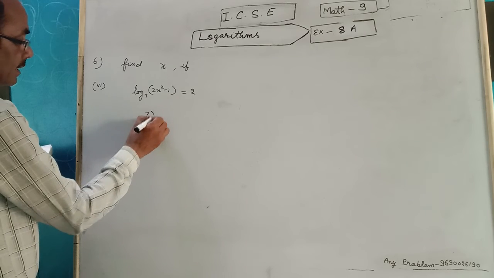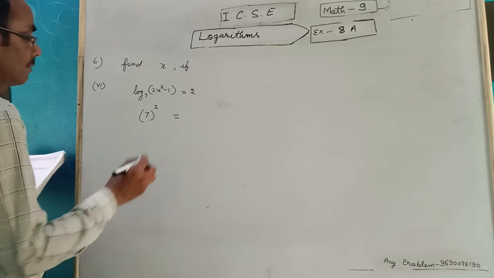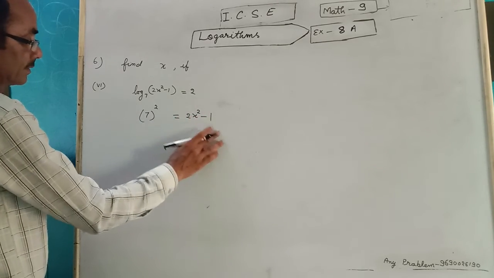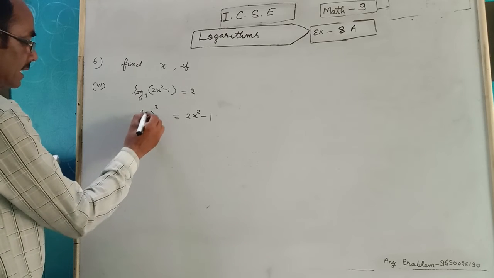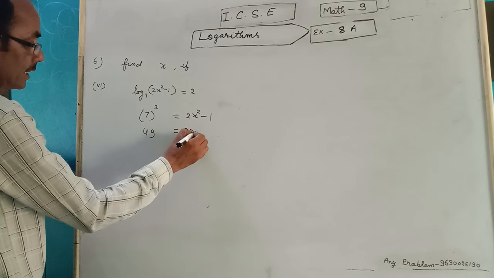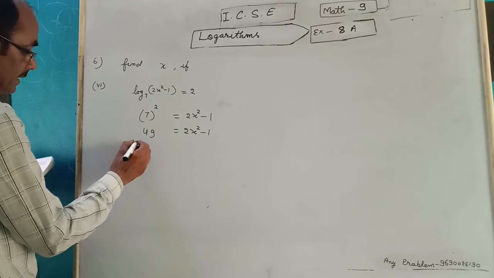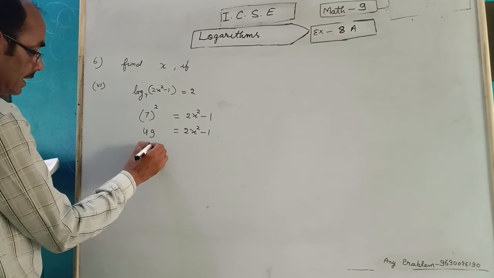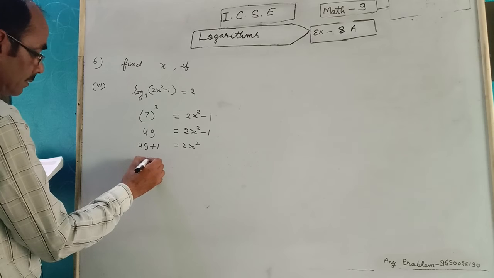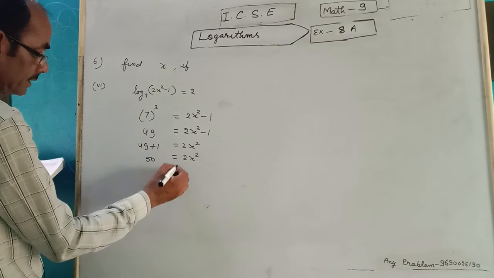Write the exponential form. 7 as power 2 is equal to 2x square minus 1. 7 square is 49 is equal to 2x square minus 1. 1 bring the left hand side. 49 plus 1 is equal to 2x square. 50 is equal to 2x square.